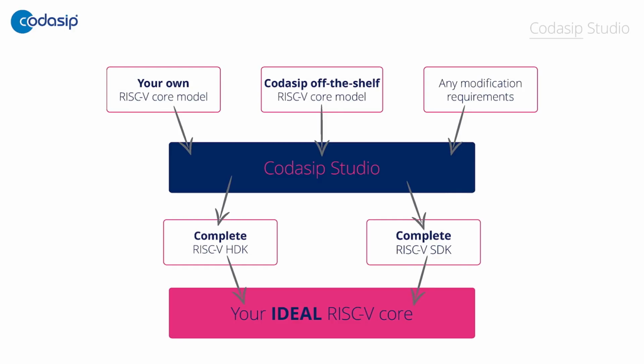At the top you can see that the user of the Codasip Studio can either start by designing their own RISC-V model from scratch, that means writing the complete architecture in the CODAL language, or they may decide to choose one of our predefined cores and just extend it, or modify something that Codasip has already done in the model.